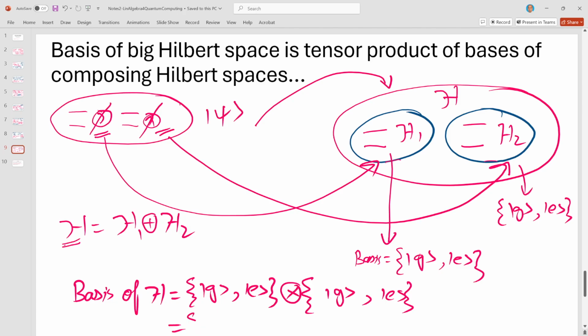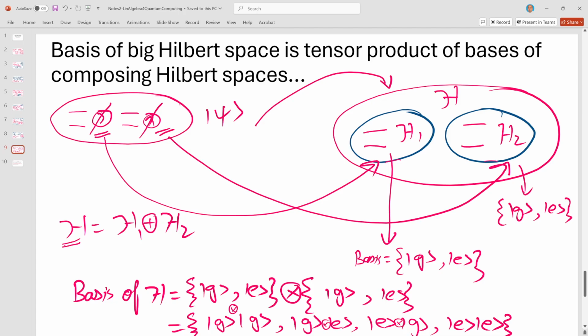So it means that the total Hilbert space has a basis GG, GE, EG, and EE, where I have omitted the tensor symbol between them. It is there, but I'm not writing it because of my laziness, and most of the time we will be omitting it. So this is like the tensor product of this and this.